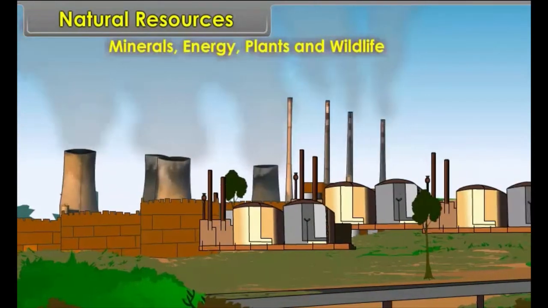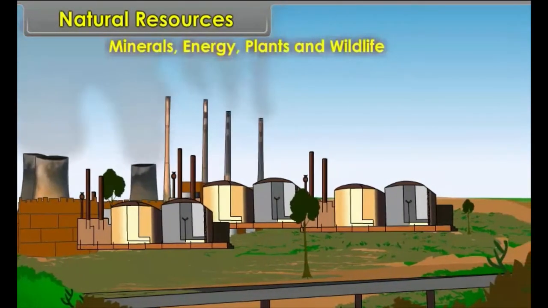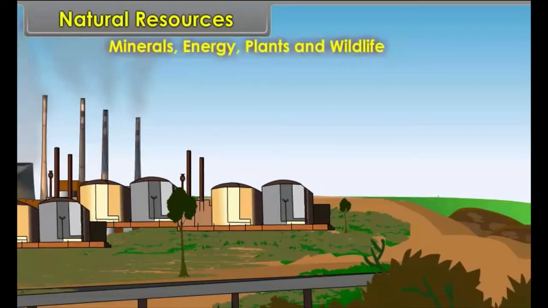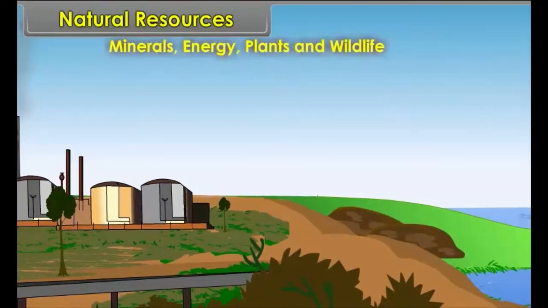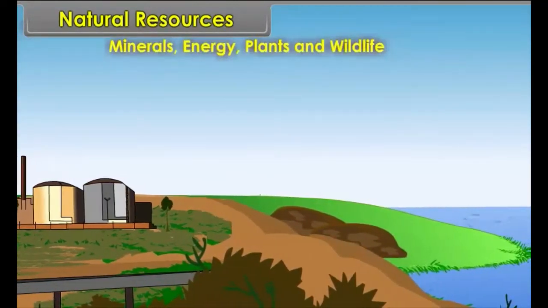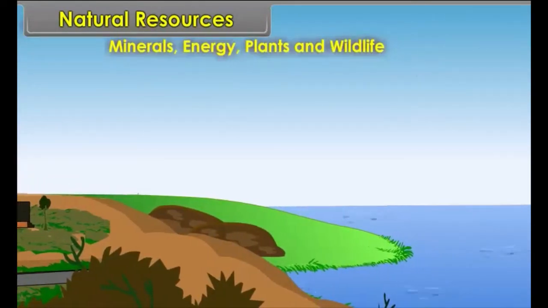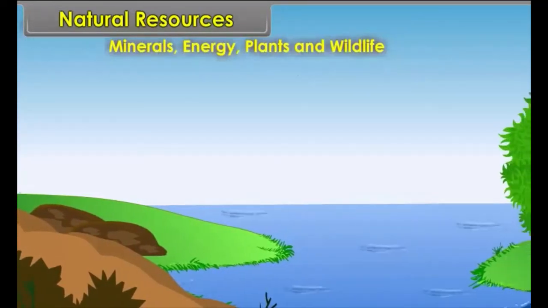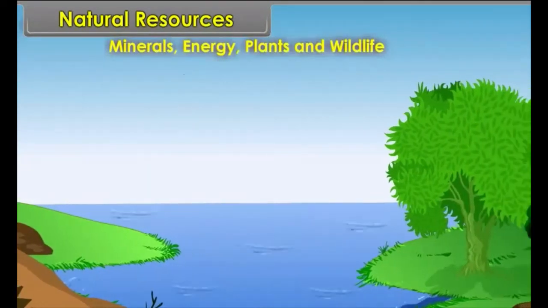Minerals and power resources are important natural resources which provide the basis for industrial development of a country. The natural growth of all types of plant life is termed as natural vegetation. The vegetation of different parts of the world is affected by the amount of sunlight and the amount of rainfall.